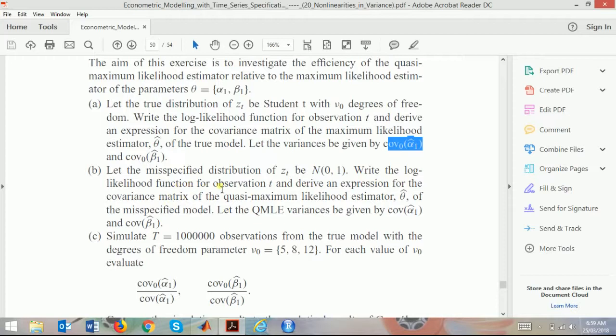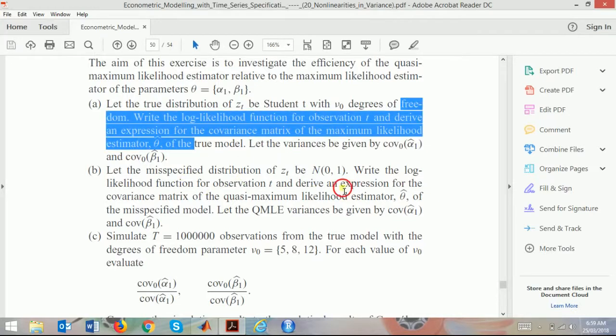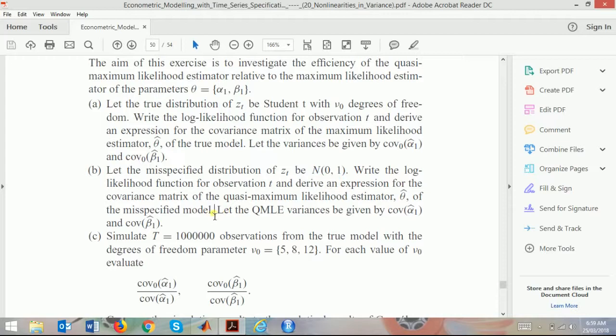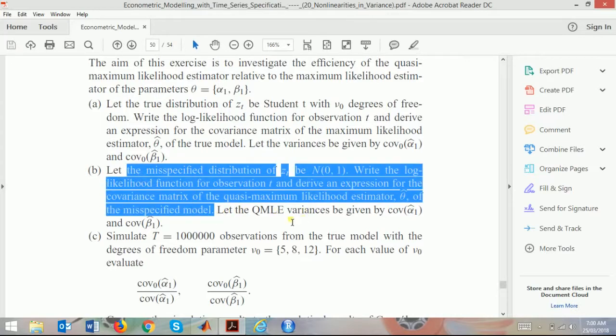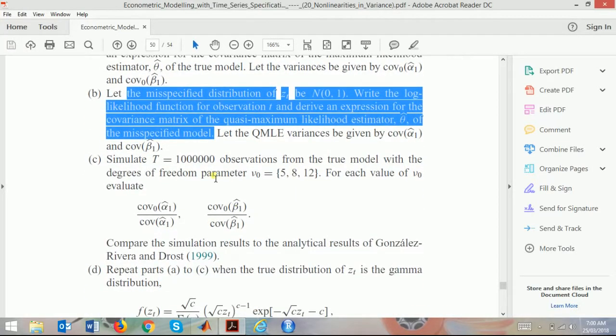Write the log likelihood function for observation t and derive an expression for the covariance matrix. So this is with the Student's t distribution, this is with the gamma distribution, this is with the quasi maximum likelihood distribution, and we want to simulate 100,000 times with the given degrees of freedom parameter.